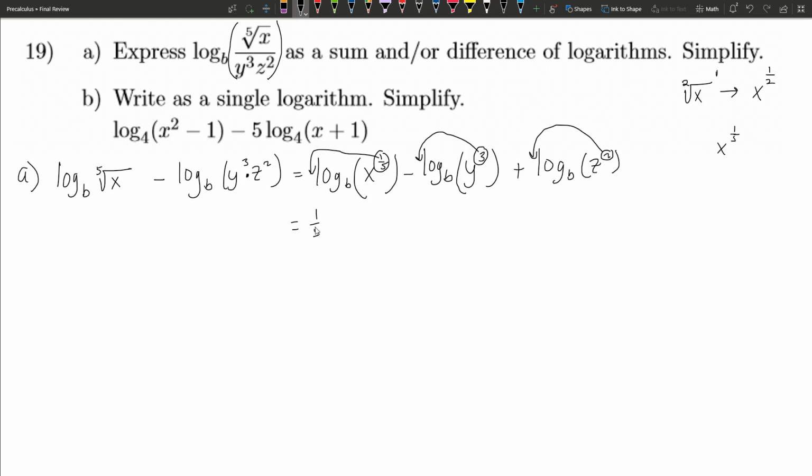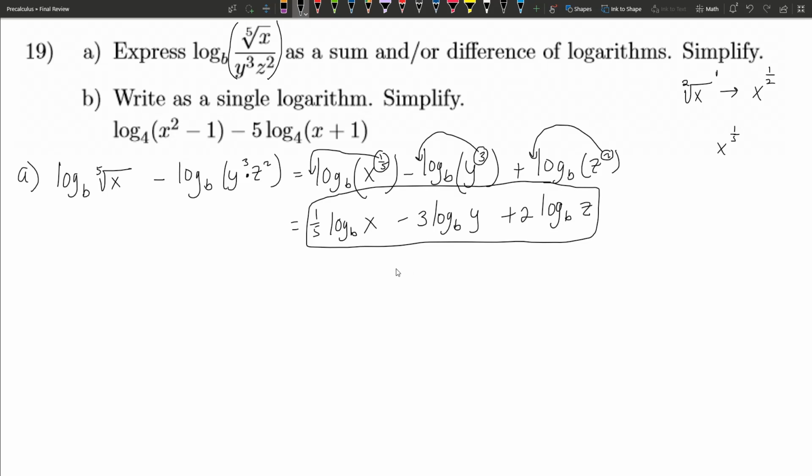That's 1/5 log base b of x minus 3 log base b, all of them are to the same base, of y, plus 2 log base b of z. And that's your final answer. I don't think we could expand that anymore.